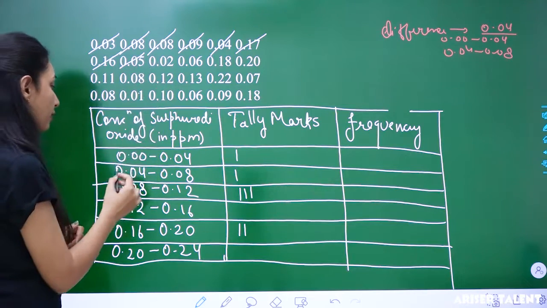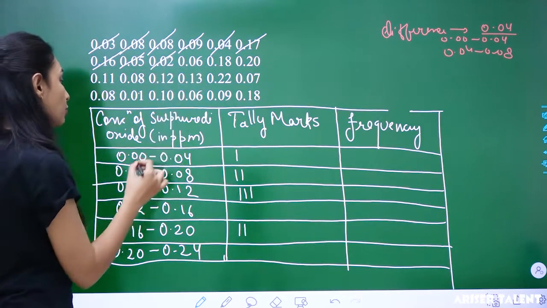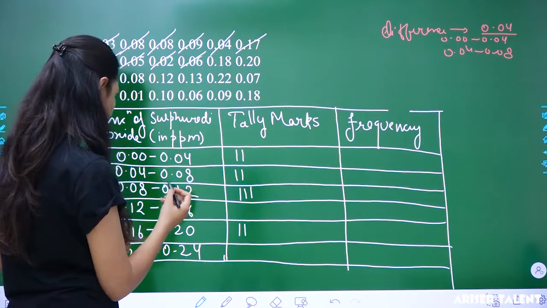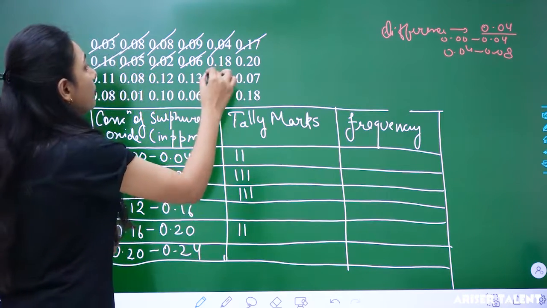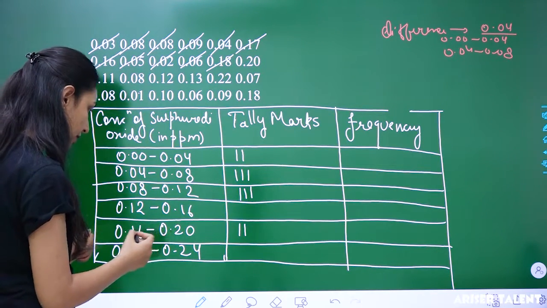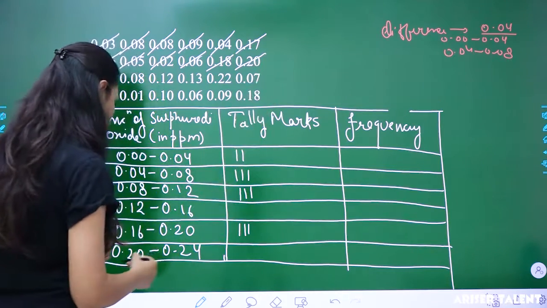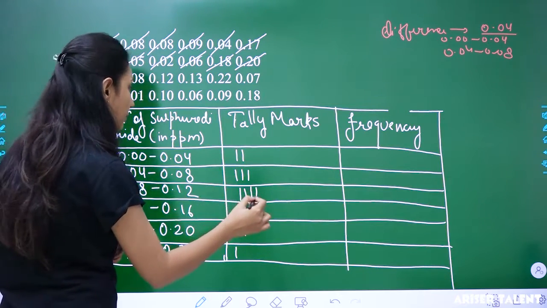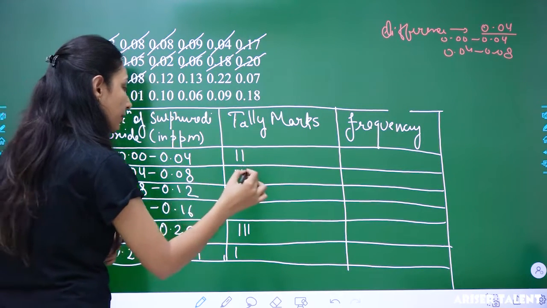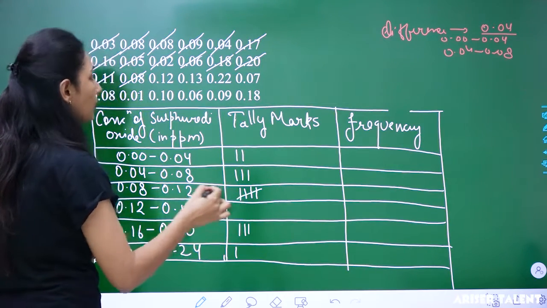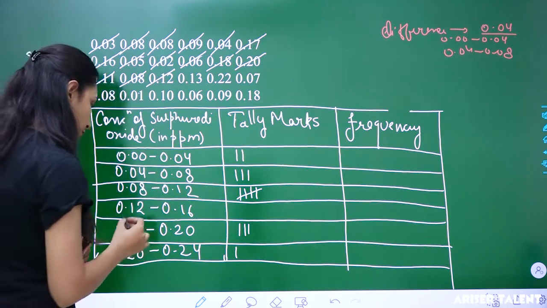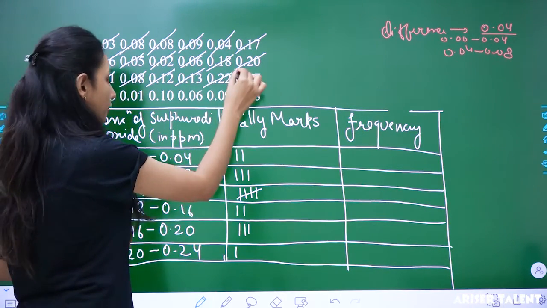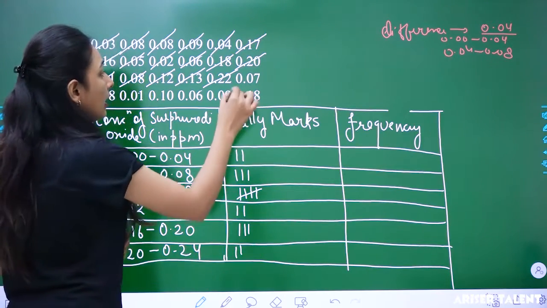Then 0.05, 0.02, 0.06 here. Then 0.18 here, 0.20 this side. 0.11, and 0.08 this side, the lower limit. 0.12, lower limit, here. 0.13 again here. 0.22 is here.